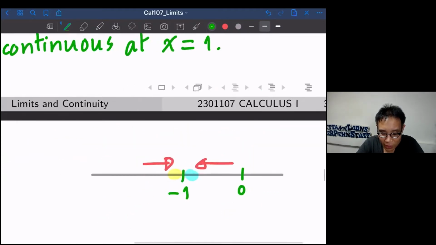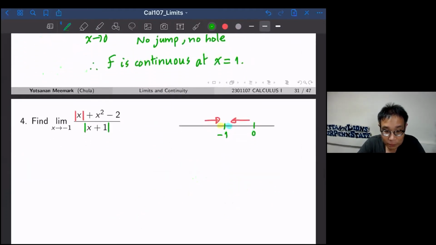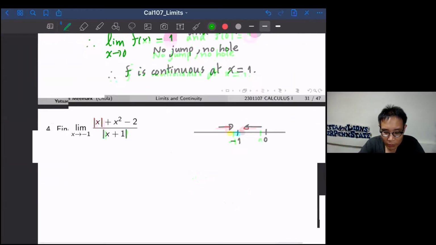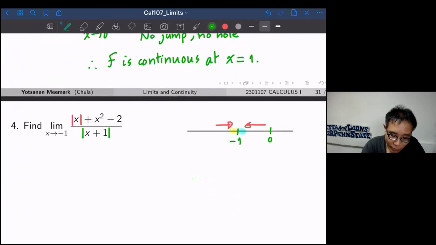You're going to try to take off the absolute value. In order to take off the absolute value, you may have to separate cases. So this one is going to be x around -1, the absolute value of x.